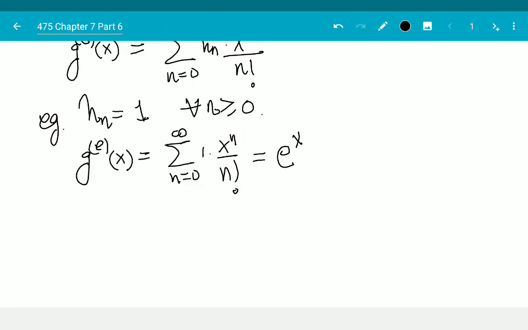This is the power series expansion of e to the x.